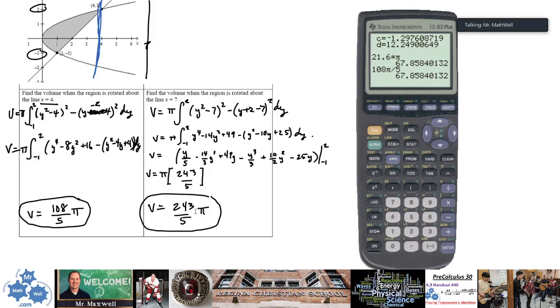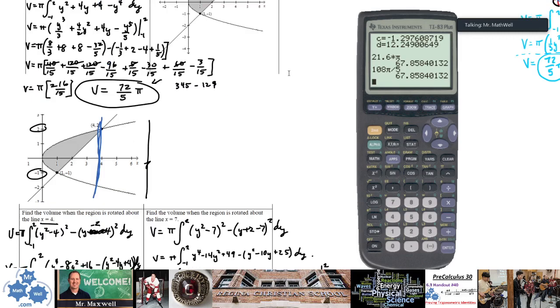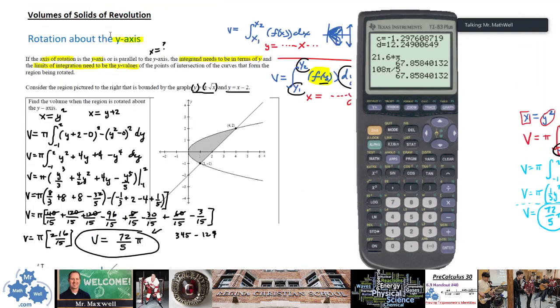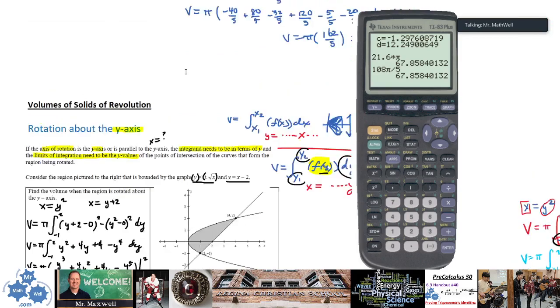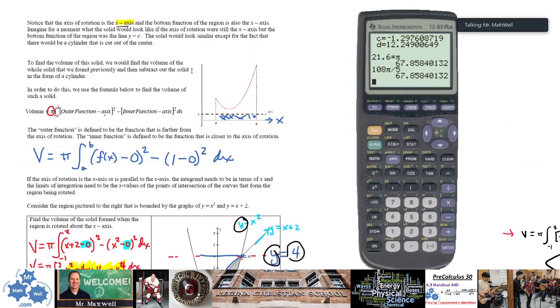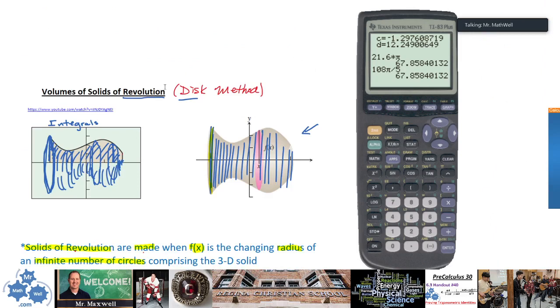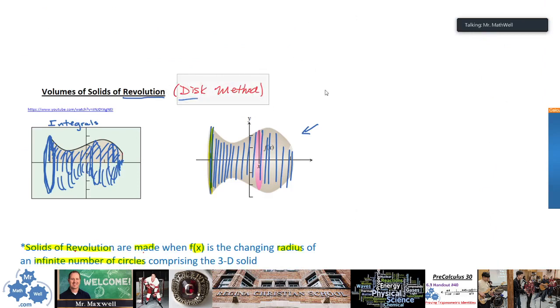So I want to mention too, I don't think I've actually mentioned this in this lesson, but this is also called the washer method. There's two methods. The disk method, which I believe I did mention in our previous lessons. That's where the axis of rotation would be, an axis, and there's no sort of holes that we're drilling out of these solids.